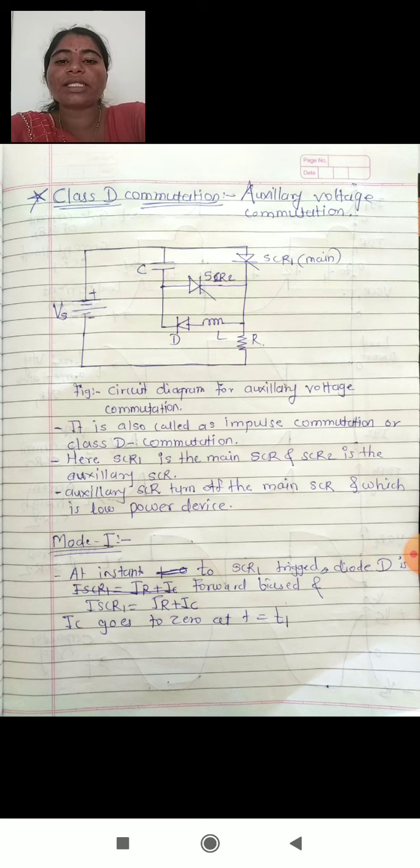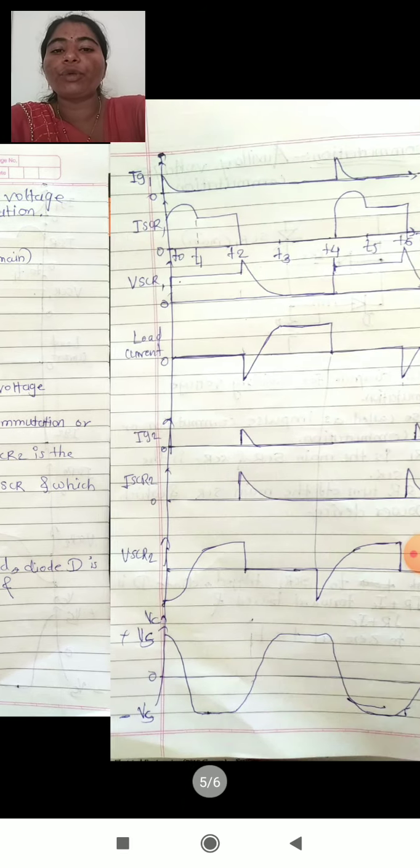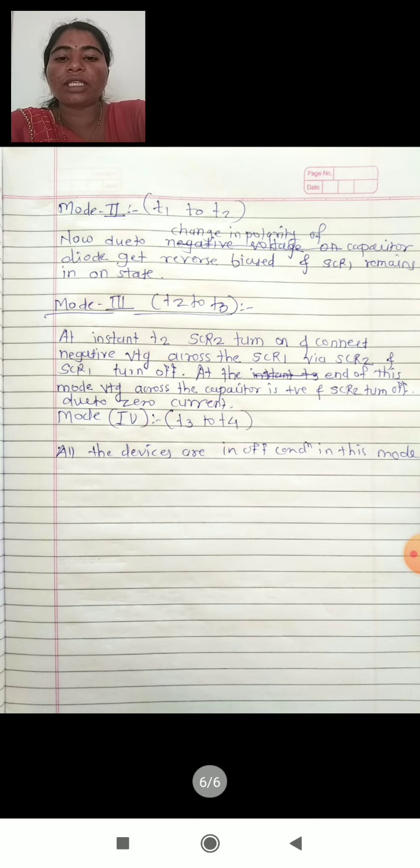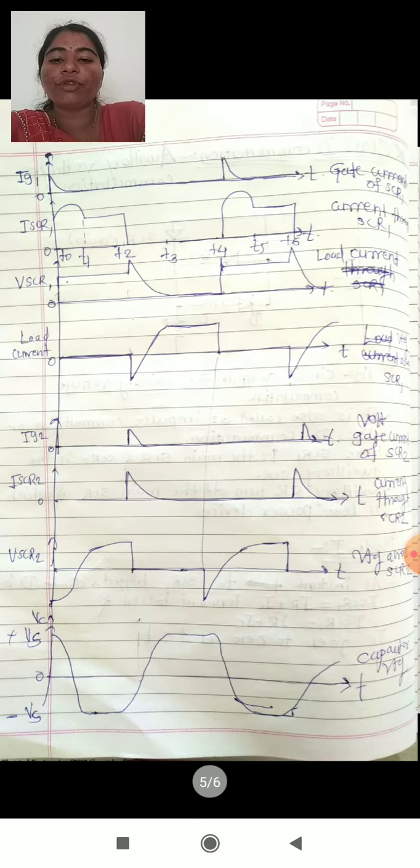Due to this, SCR1 gets turned off due to the reverse voltage. At the end of this mode, the voltage across the capacitor is positive and SCR2 turns off due to zero current. It was already said that it is a low power device, and due to the low current it gets turned off. Now mode 4, T3 to T4.